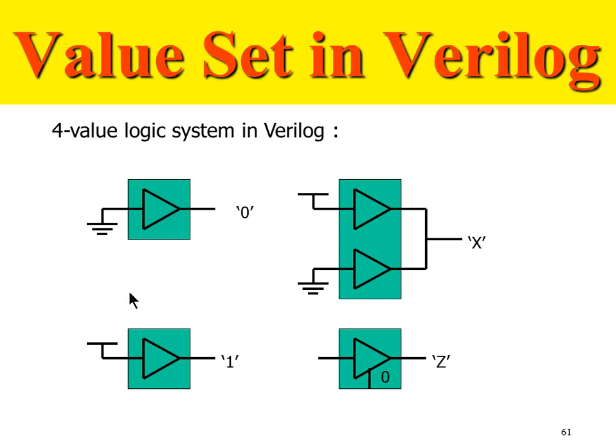We have already seen that 0, 1, X and Z are the values a signal can have. 0 is logic 0, 1 is logic 1. X is an unknown state. It typically happens when you have two drivers. This is called multiply driven logic, and this will create a problem for you in synthesis. Any signal can only have one driver at a time.